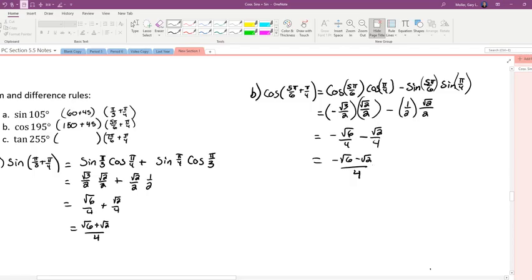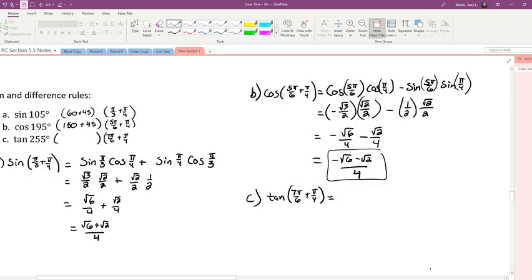And then part C. Normally, I would just do sine divided by cosine, but I have different values, so I have to know the tangent formula. So what do we have here? Tangent of 7 pi over 6 plus pi over 4.